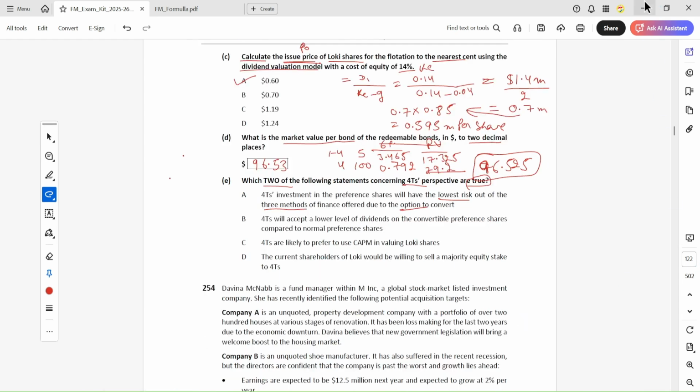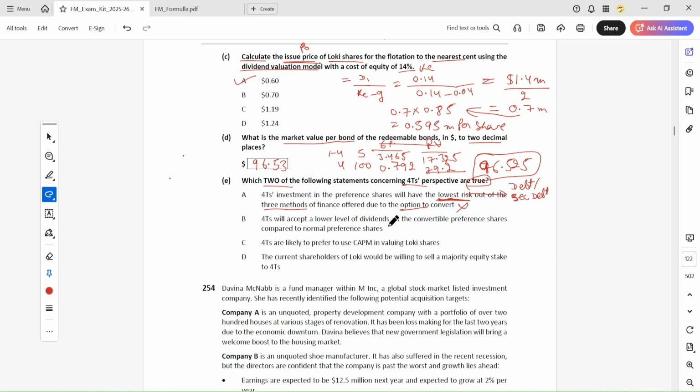This statement is wrong because the lowest risk is debt. In case of debt, we have the lowest risk because it is secured against the company's assets.